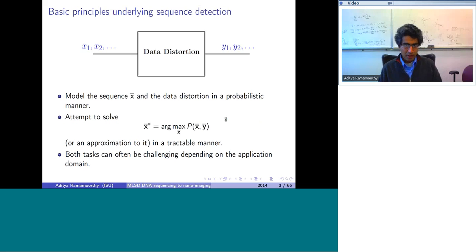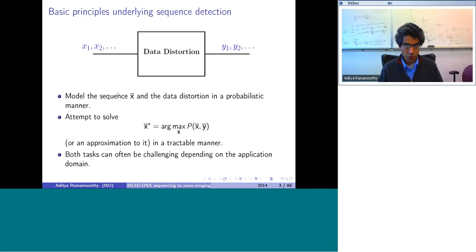Broadly speaking, the basic idea of sequence detection is that you are observing a sequence of data denoted by Y1, Y2, and so on, which are formed as a result of some sequence X1, X2, and so on, that is being distorted in some manner. So the problem is that you observe the sequence of Y's and you want to decode the sequence of X's, and there are roughly two parts to this problem.